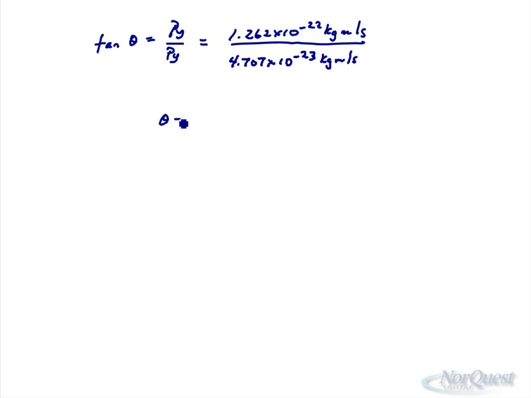To find theta, you second function that number. So second function tan, 1.262 exponent negative 22 over 4.707 exponent negative 23, and you get an angle of 69.5 degrees south of east.